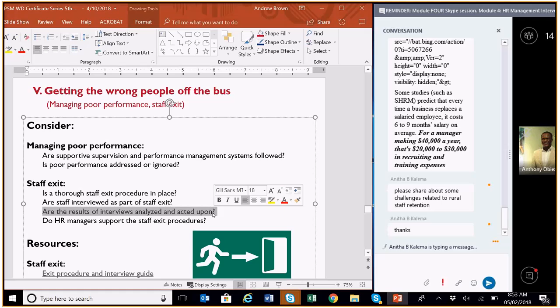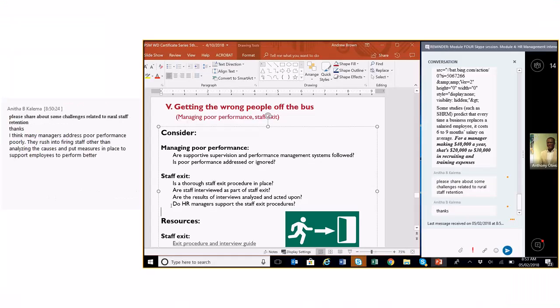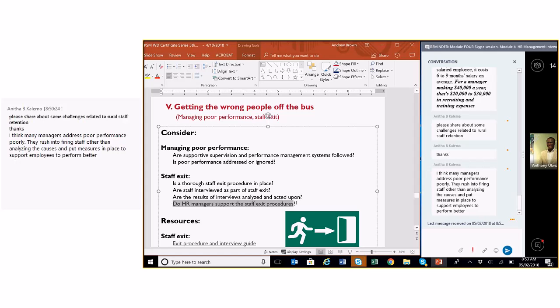And that can be an early warning of particular issues, but also give you good information about how to make improvements in your organisations. One of the other aspects, again, with any of these procedures is to ensure that HR managers support staff exit procedures properly.